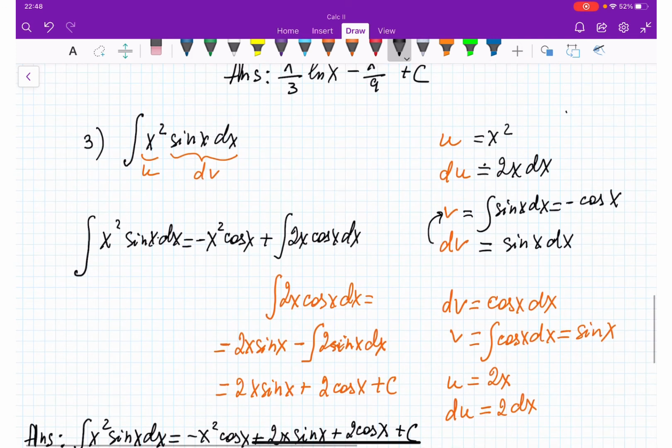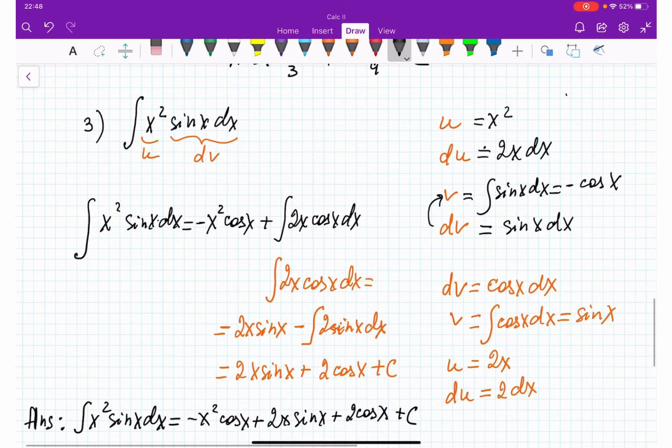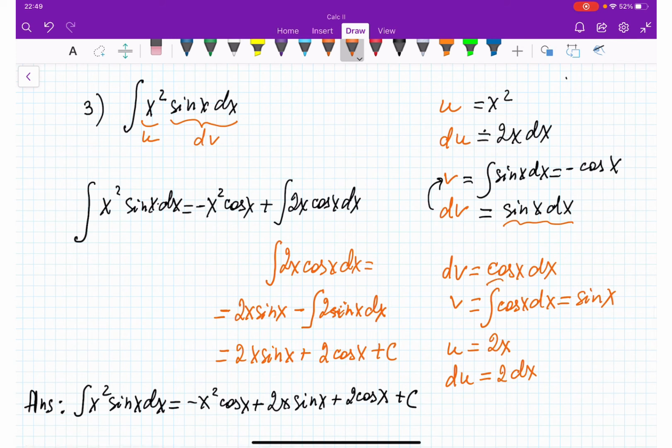Look, first time my dv was sine x dx. See, here also I had cosine x dx. So you cannot switch, let's say, second time, dv have 2x dx. Let me show you what I mean.